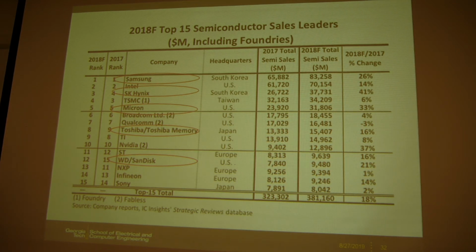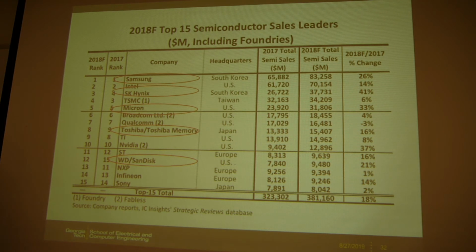Then you see the memory companies really revived. Number 3 now is SK Hynix, and number 5 is Micron. Toshiba becomes purely Toshiba Memory, because Toshiba only has memory these days. And SanDisk and Western Digital are there as you can see here. Qualcomm dropped because the smartphone business saturates.